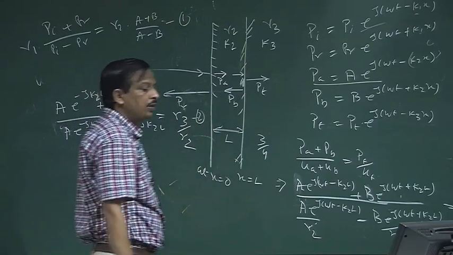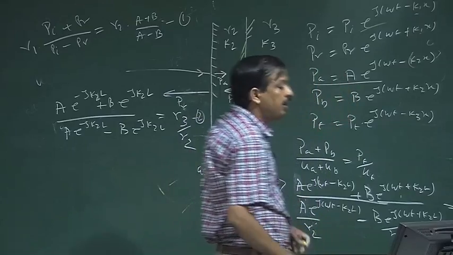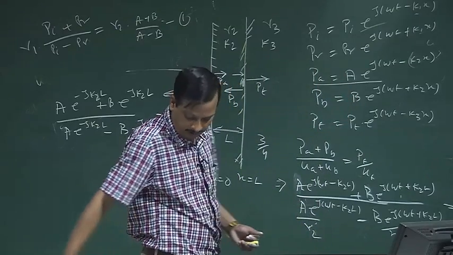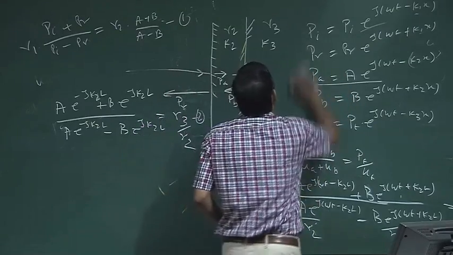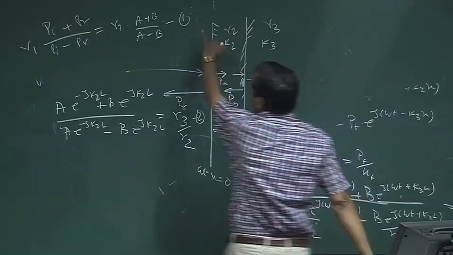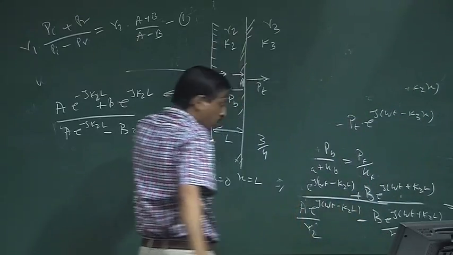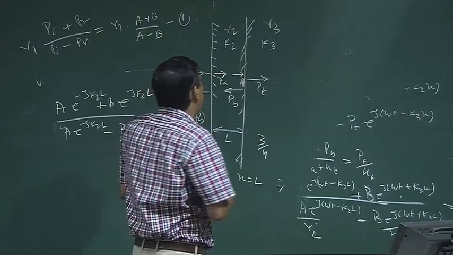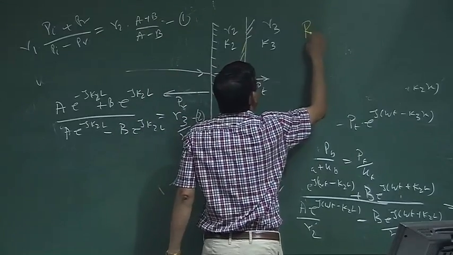So, if I evaluate A and B from these two equations, equation number 1 and equation number 2, I will get the expression of R, the reflection coefficient.